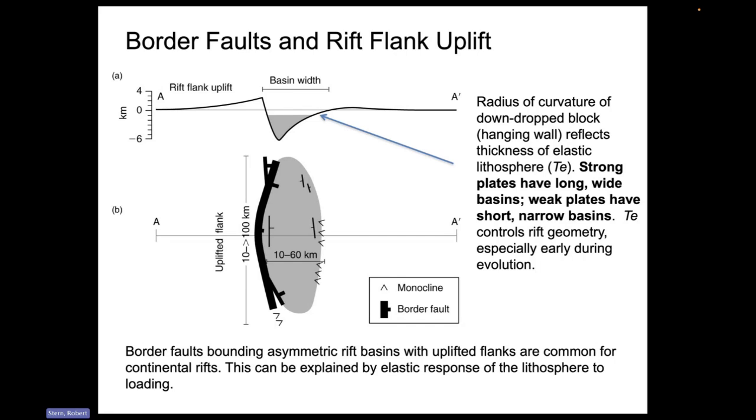That's the elastic lithosphere. And what we see is that strong plates that have thick elastic lithosphere have long, wide basins, whereas weak plates have short, narrow basins and tight curvatures, right? So this elastic thickness of the lithosphere controls rift geometry, especially early during evolution.